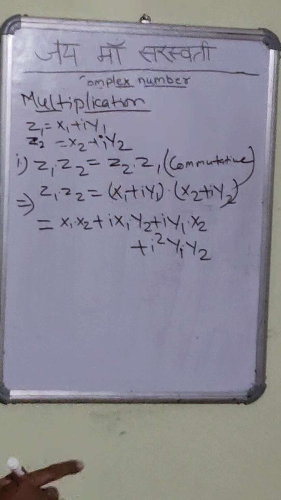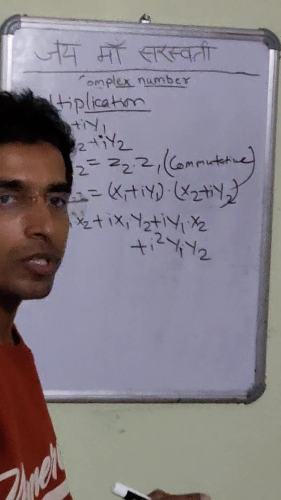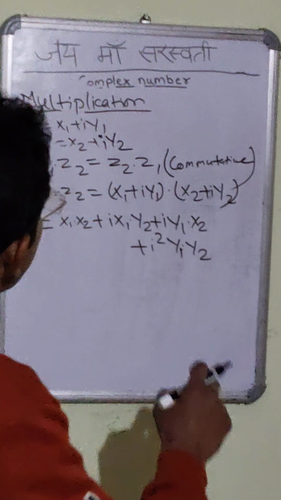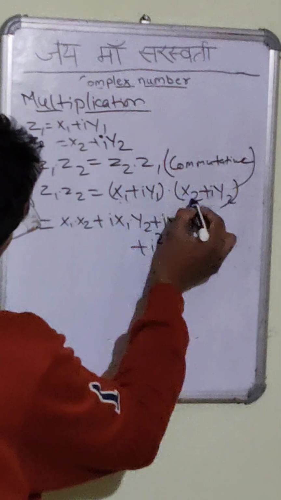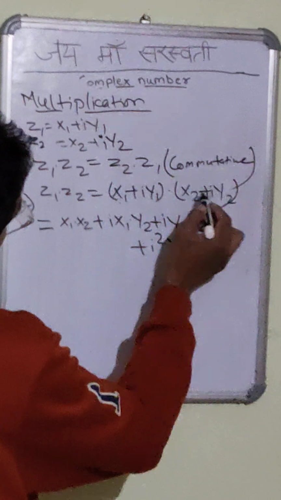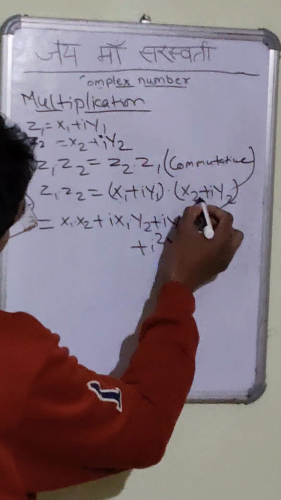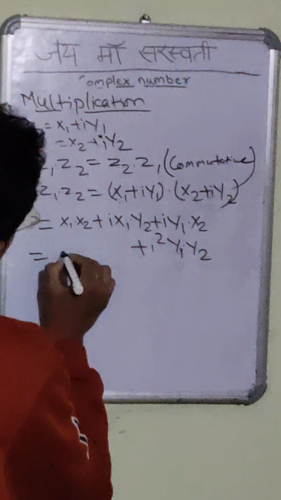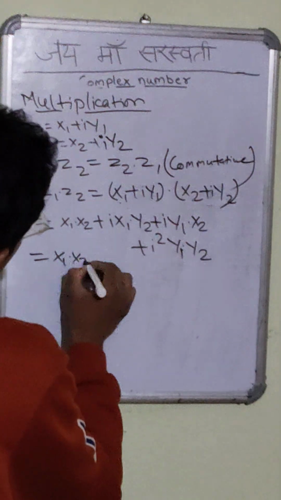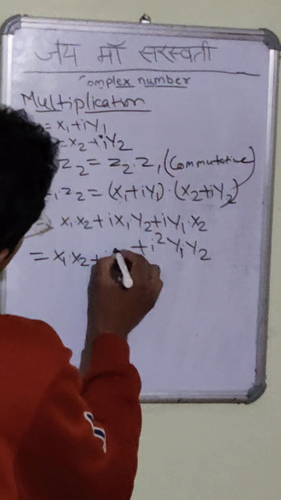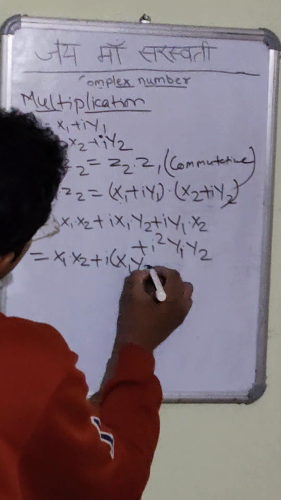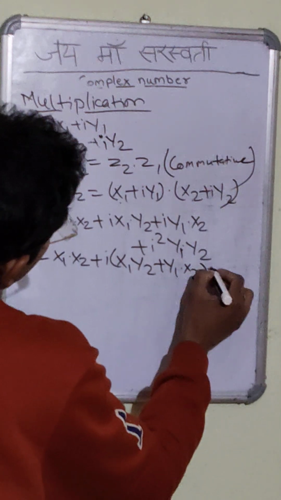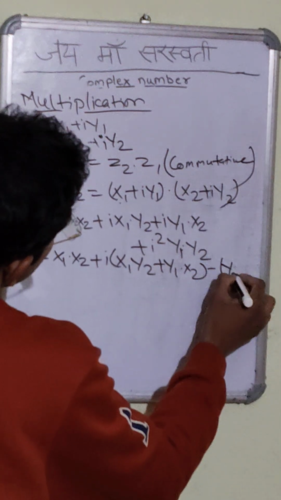Understood? This is how we performed the basic operations a couple of minutes ago. So we have x1 into x2 plus i x1 into y2, similarly plus i y1 into x2 plus i square y1 into y2. So x1 into x2 plus i, taking it common, x1 into y2 plus y1 into x2, plus i square is minus 1, y1 into y2.